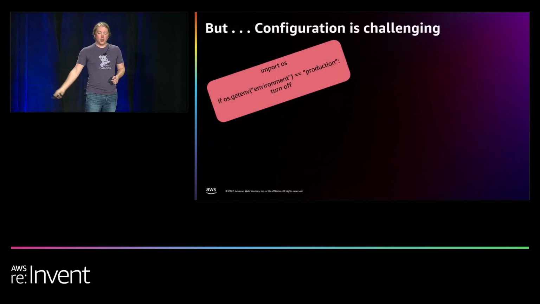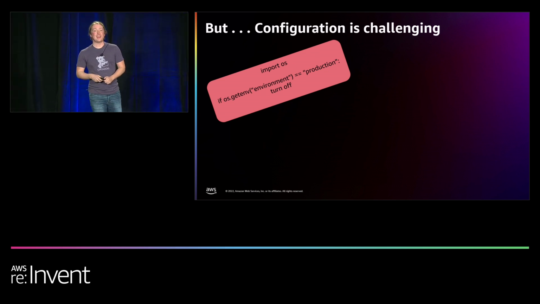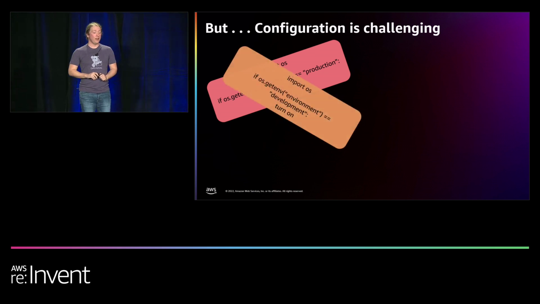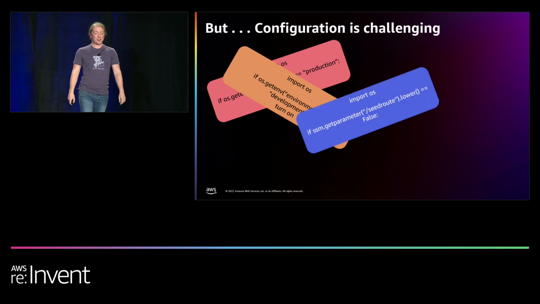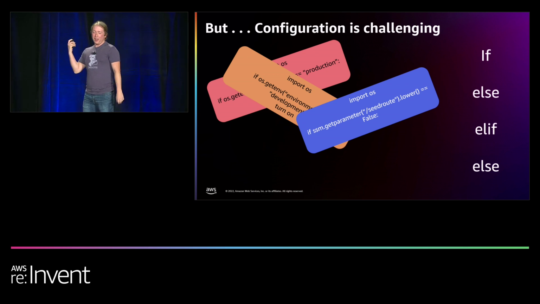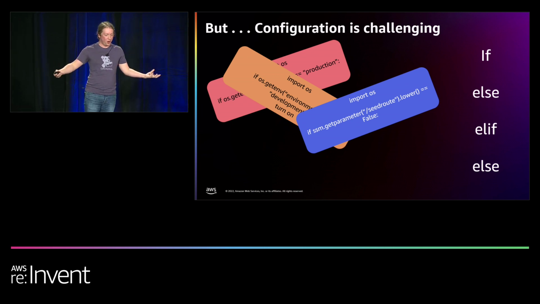But as we know, configuration management can be really challenging, right? And this is all written in Python, but I'm sure if you've reviewed enough code, you've seen things like this in real life, which is that conditions for configuration management tend to proliferate. We have all of these different ways that we can embed conditions in code, and conditions make more conditions, which make it really hard to reason about what's going on inside of a block of code.